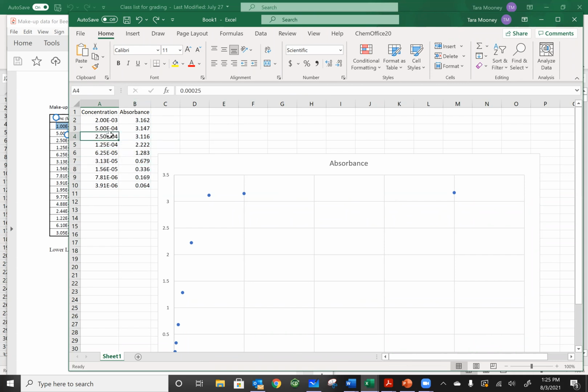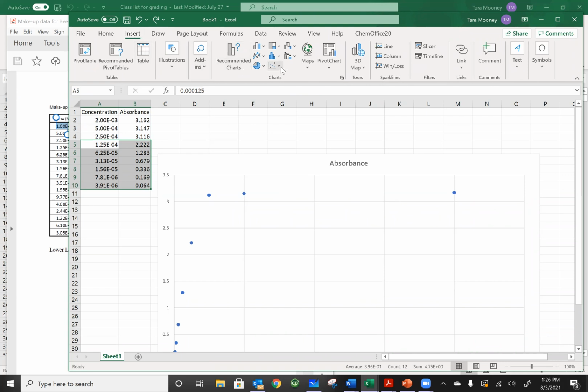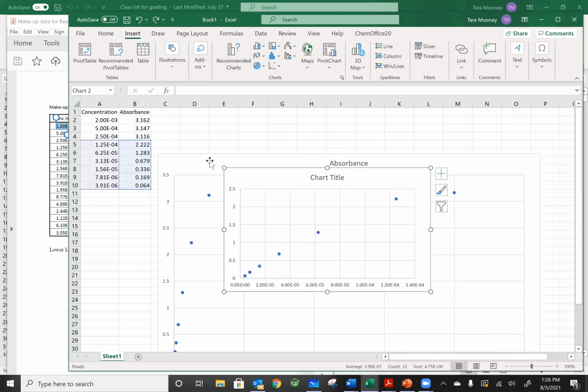Because we know this data point here is no longer linear, and neither are these guys, which are plateauing, let's select this data and make another scatter plot. Okay, so this data is linear.